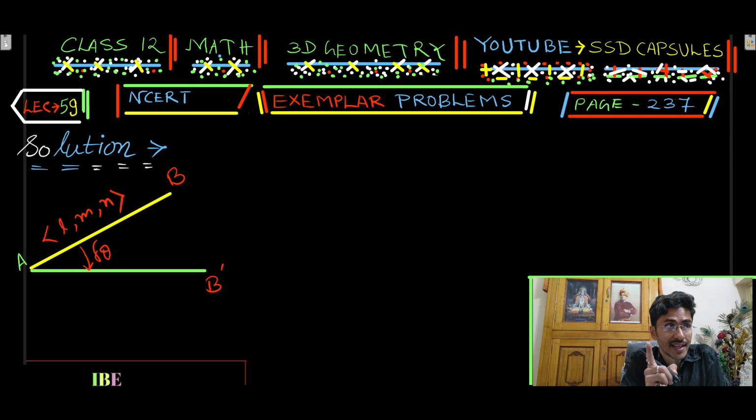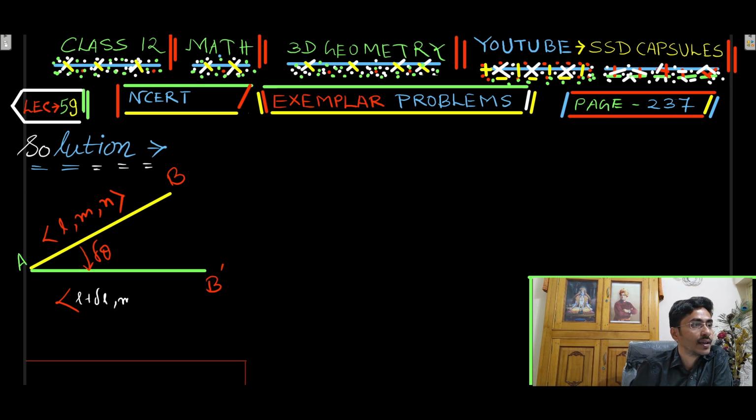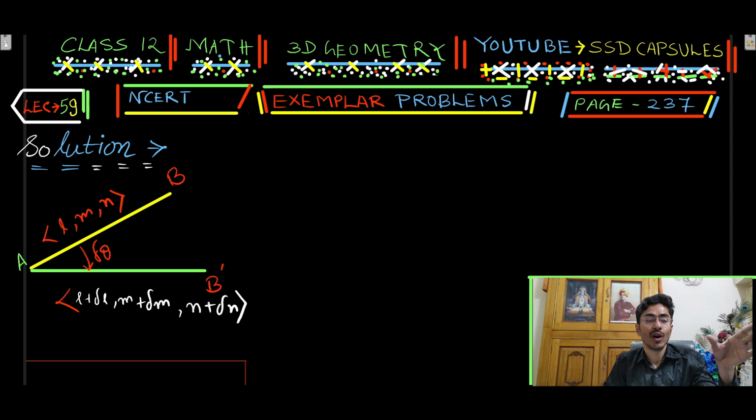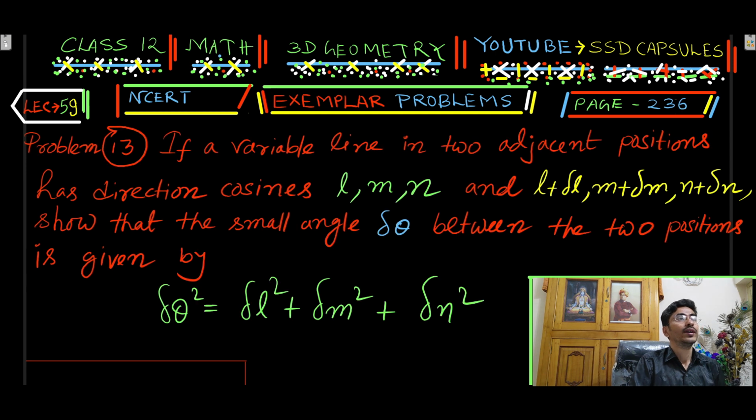Just notice that l, m, n are the direction cosines of the line in position AB, and here l plus delta l, m plus delta m, and n plus delta n are the direction cosines of the same line AB in its new position AB dash after rotating through a small angle delta theta. So how do we determine the angle delta theta and prove the relation?